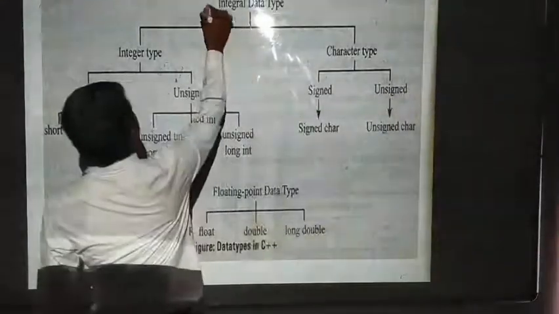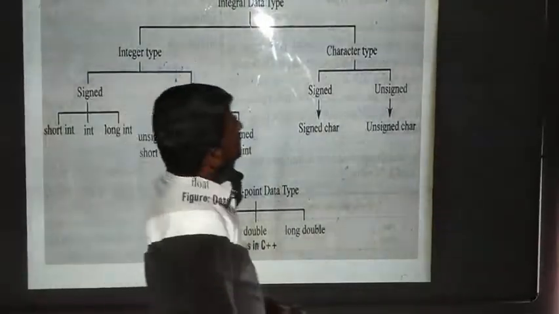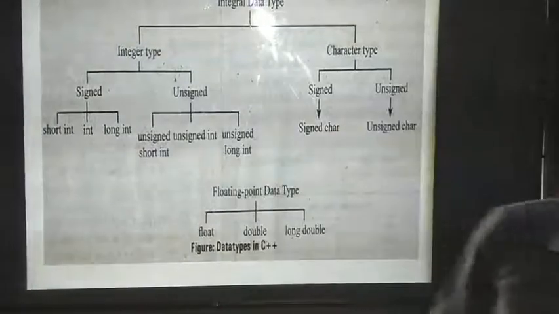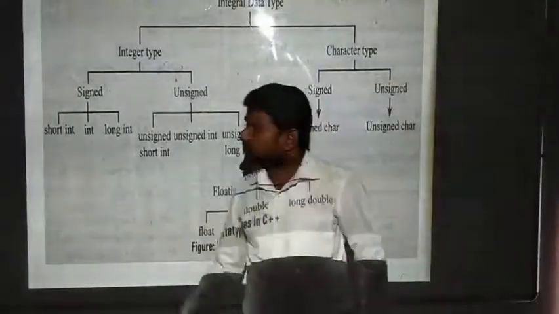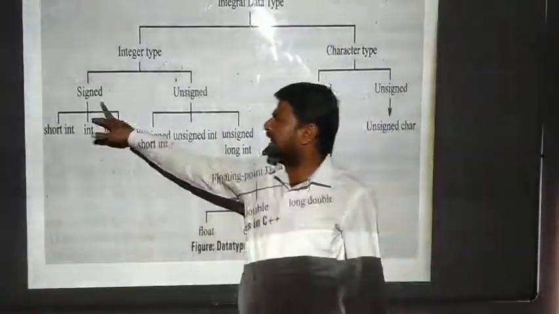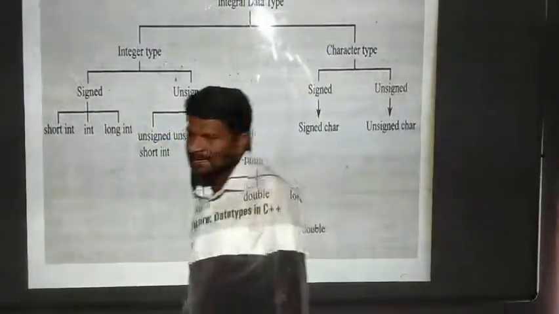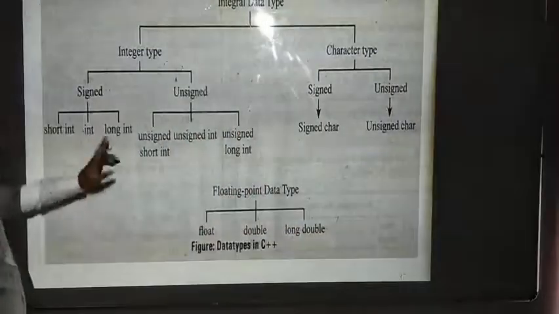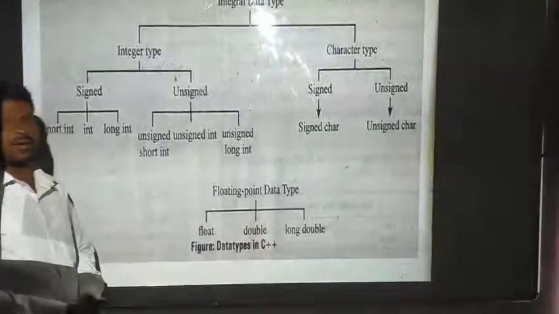Now, in the integral data type, the integer type is again classified into signed and unsigned. Signed, unsigned, short, long: these four keywords are said to be modifiers.